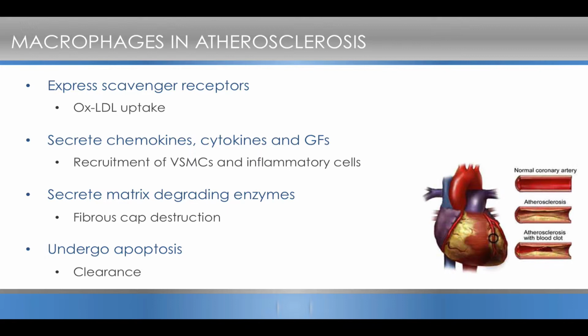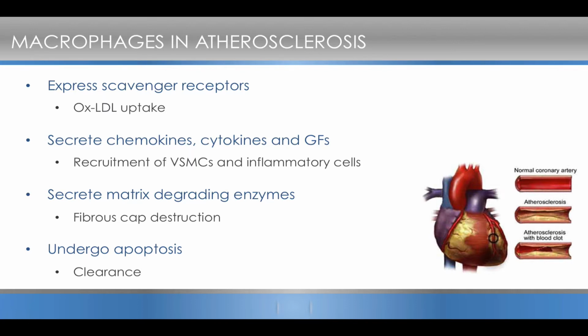We know that macrophages in atherosclerosis have several functions, and we've mentioned some of them already. They express scavenger receptors, and these are the receptors by which they can ingest oxidized LDL. They also secrete chemokines, cytokines, and growth factors, which cause the recruitment of the smooth muscle cells and further inflammatory cells into the plaque.